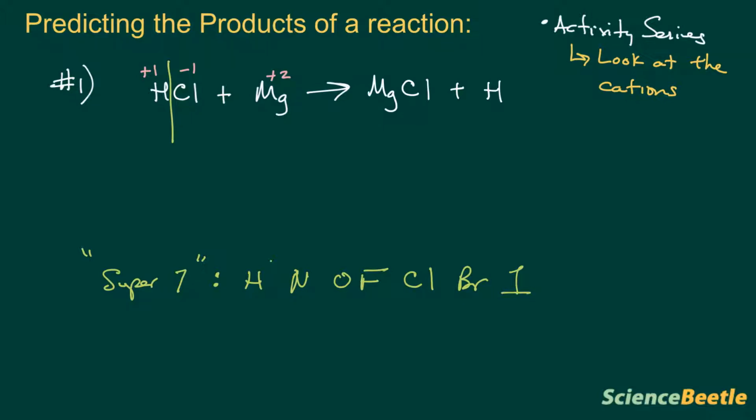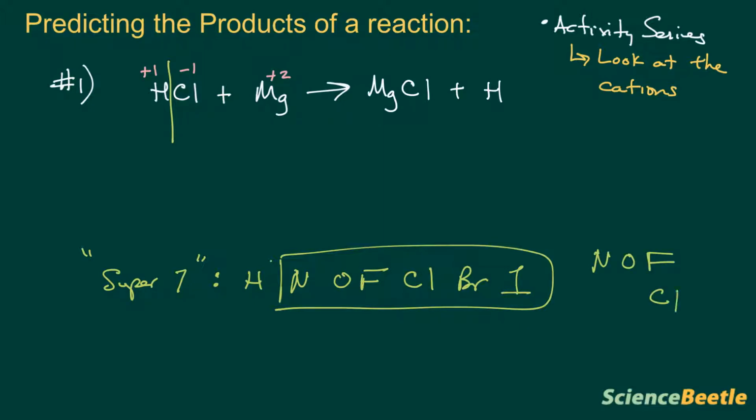The reason we call them the Super7 is that if you look at the periodic table and connect the dots between these elements, with the exception of hydrogen, the ones at the bottom form a 7. You'll have nitrogen, oxygen, fluorine, and then on the way down, chlorine, bromine, and iodine. That structure is actually the number 7.